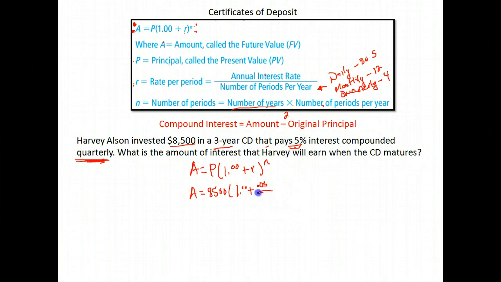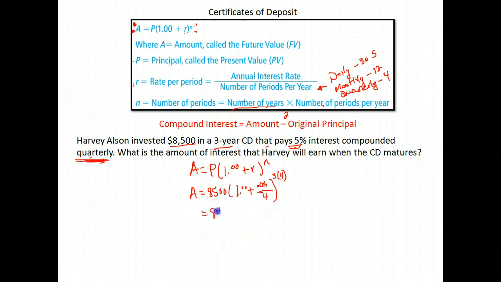We're going to divide that by the number of times it's compounded in a year. This is compounded quarterly, which is 4 times a year, so we're going to divide by 4 right there. And then to the N power, and remember that's the number of years. This was a 3-year CD times the number of periods per year. Again, it's compounded quarterly, so that's 4 times a year. So this is what it looks like right now.